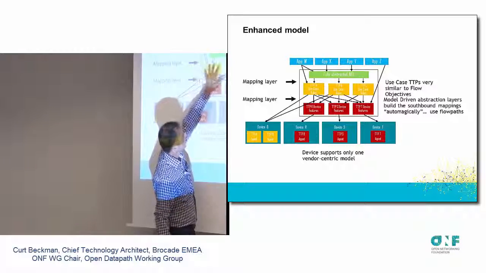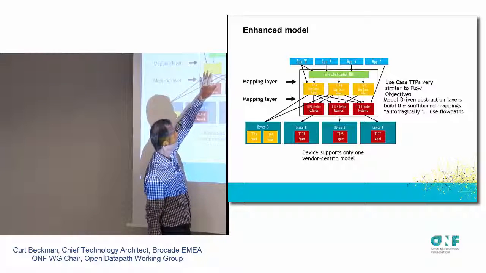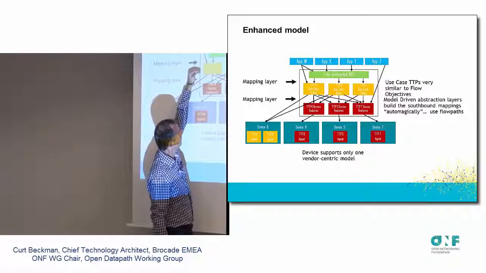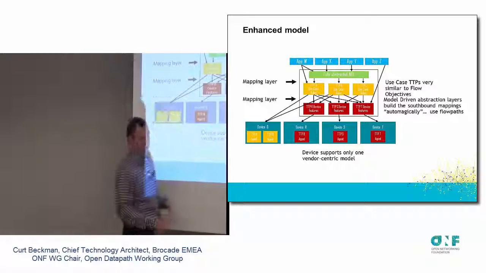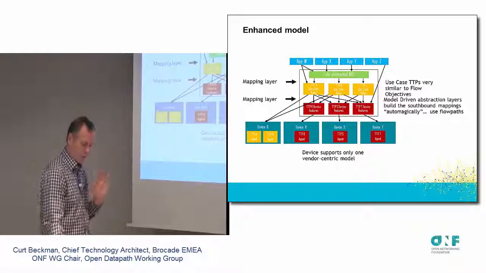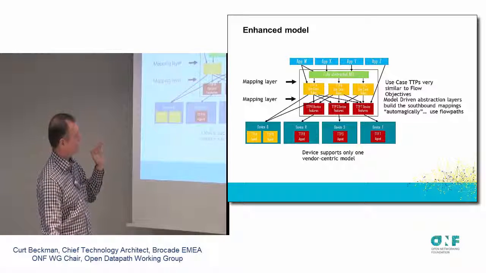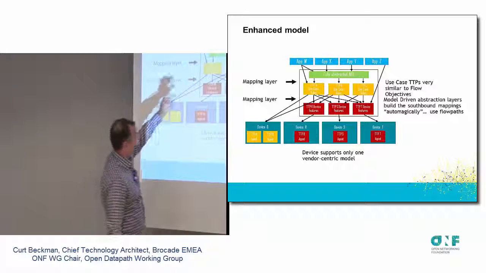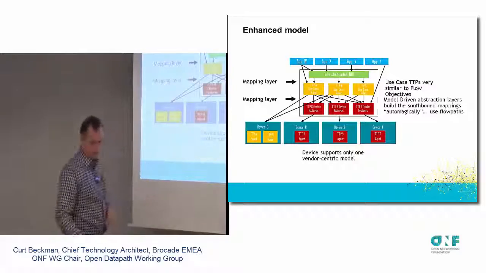Flow objectives were defined in Atrium and originally delivered on ONOS. They're doing the same thing on Open Daylight, but we're creating a TTP that represents those flow objectives. So from the Open Data Path Working Group, we see flow objectives as very similar to this. I see them as similar but slightly different.